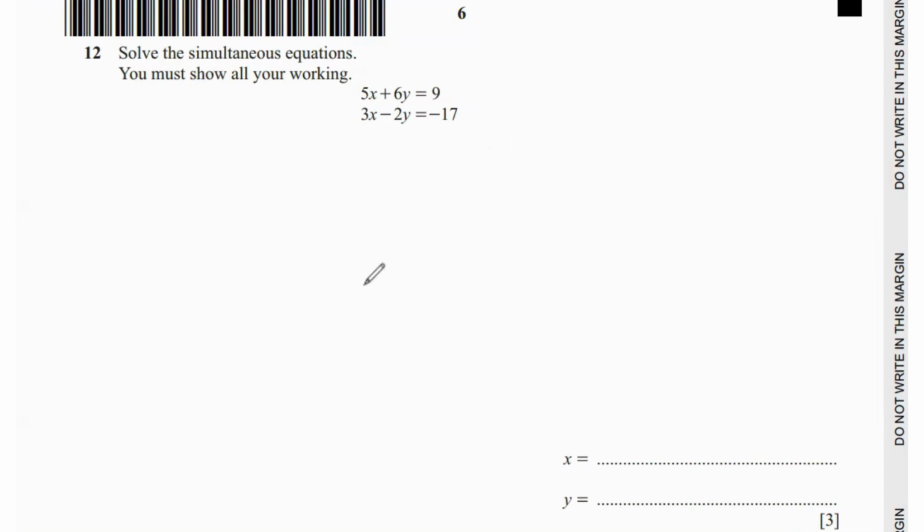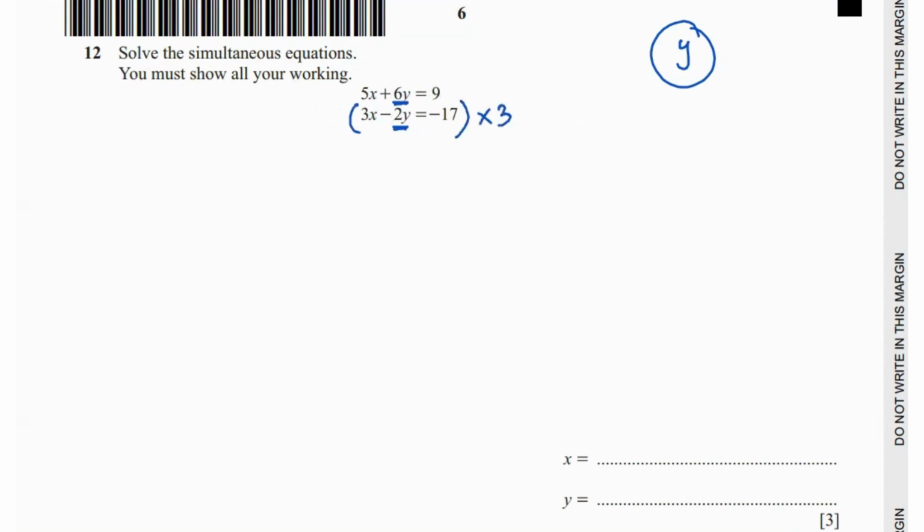So the first step is to decide which variable you want to eliminate. I'm going to choose y. Now, to eliminate y, I need to see whether the coefficient of y is the same in both the equations. In the first equation, the coefficient of y is 6. In the second equation, the coefficient of y is 2. So to make the coefficients equal, I'm going to multiply the second equation by 3.